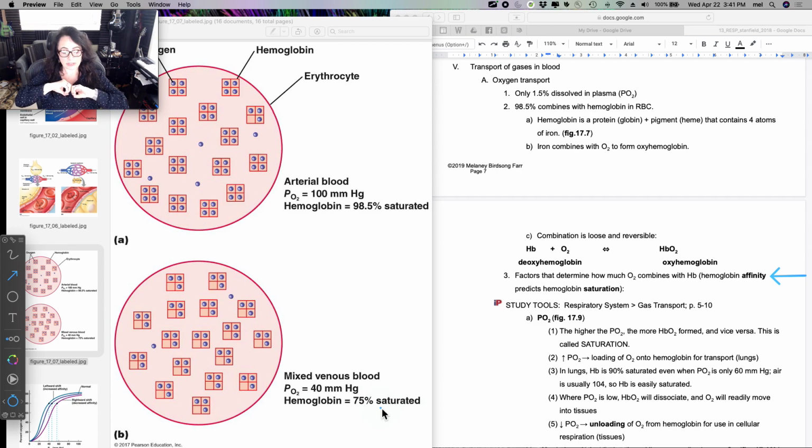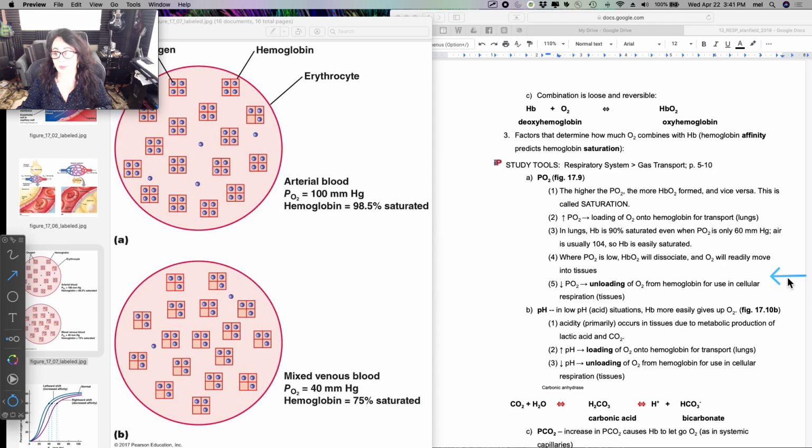And everything that is true at systemic capillary beds should favor unloading oxygen off of hemoglobin. So you load to carry yourself to work, and then you unload because you've got work to do. Cool? Okay, so let's talk about the factors that determine how much oxygen combines with hemoglobin.